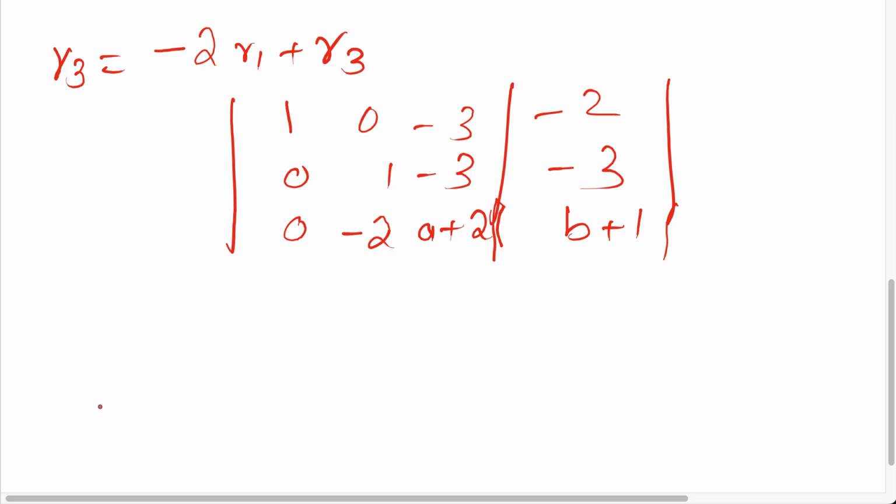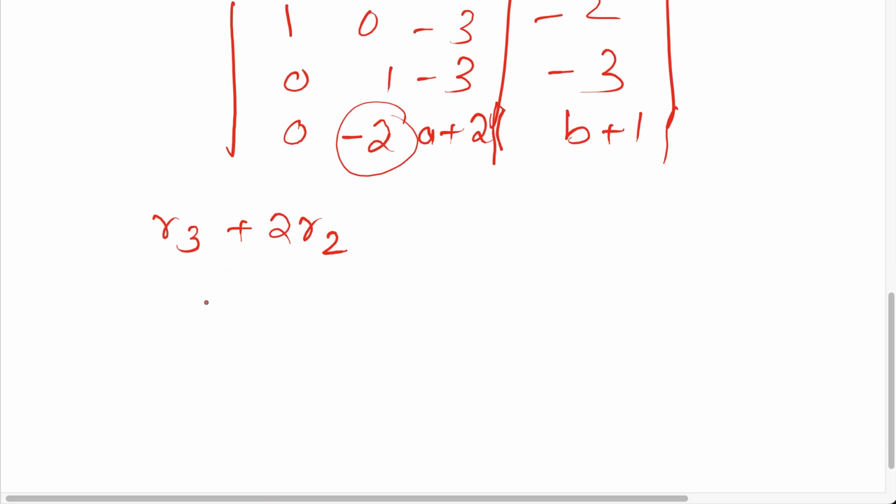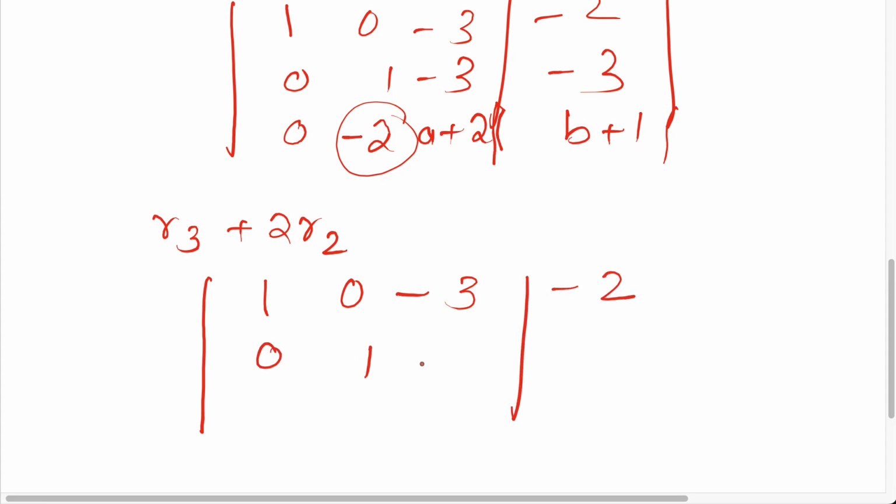Now I'm not going to disturb the second row, but I will change only the third row, and I'm going to do R3 plus 2R2 because I want to get rid of this minus 2. What I will get now is the first row remains as it is, the second row remains as it is, and the third row becomes 0, 0, a minus 4, and b minus 5, because I'm doing R3 plus 2R2.